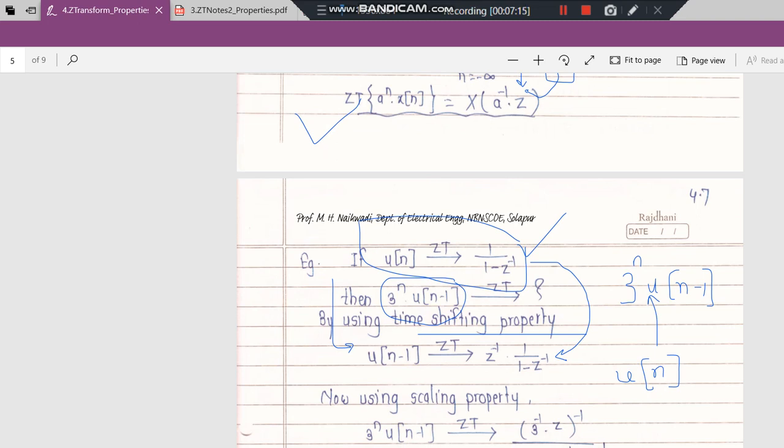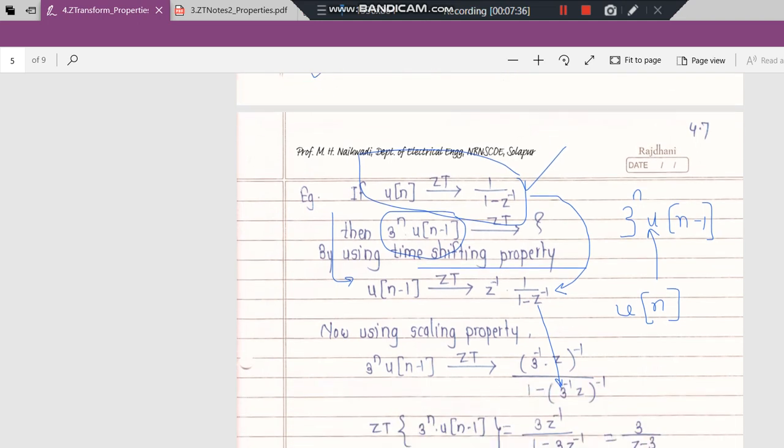So I replace this z by a to the power minus 1 z. This is what the scaling property says.